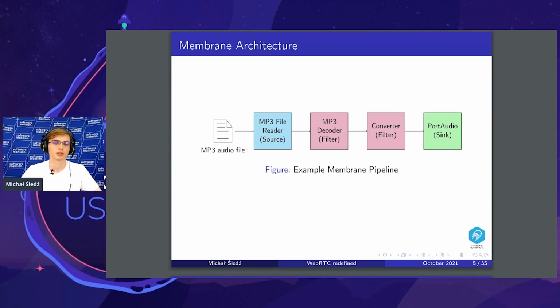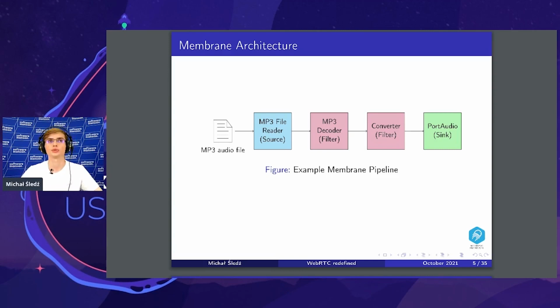Filters in Membrane are elements that get data from other Membrane elements, modify this data, and pass it to some other Membrane elements. In this case, the MP3 decoder is responsible for decoding MP3 audio to raw audio. Next we have a converter, just because it's needed by PortAudio. And at the end we have PortAudio, which is a sink.